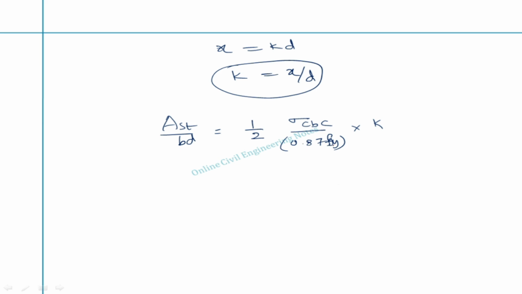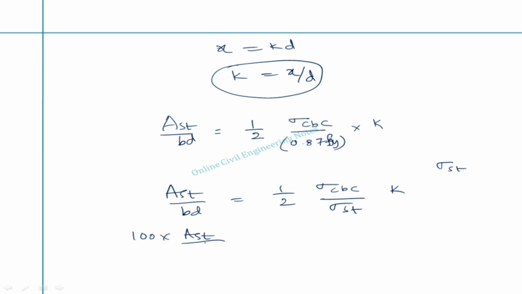We can write 0.87 fy as sigma ST. Therefore, AST by bd is equal to half into sigma CBC by sigma ST into k. Multiply with 100 on both sides. 100 into AST by bd is equal to 100 into 1 by 2 sigma CBC by sigma ST into k.